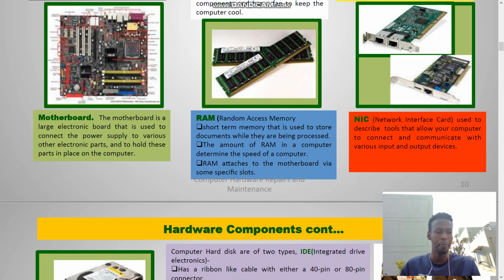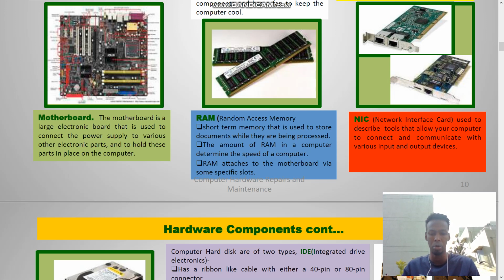Okay, this is a motherboard. The motherboard is a large electronic board that is used to connect the power supply to the various other electronic parts, and all these parts belong to the computer. RAM, random access memory, is short-term memory used to store documents while they are being processed.